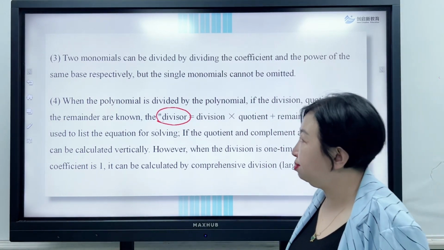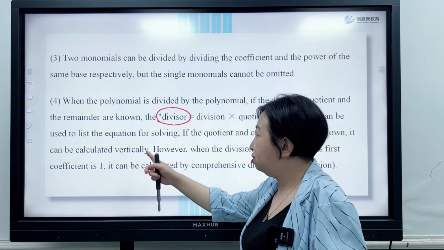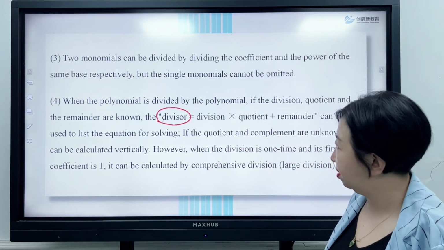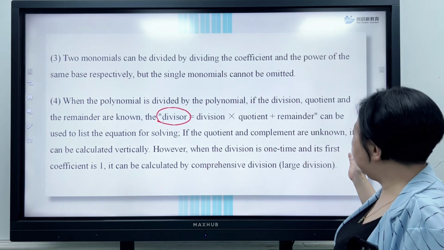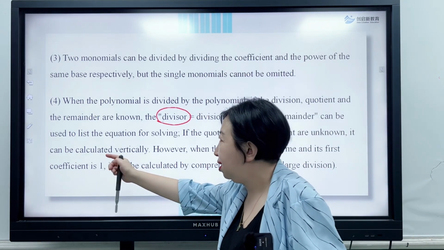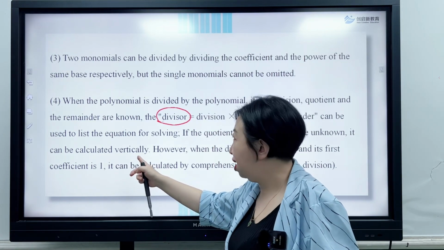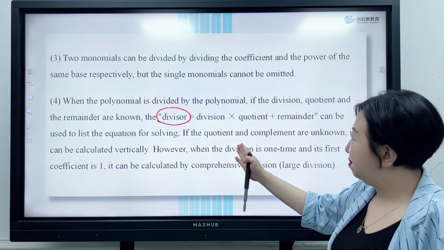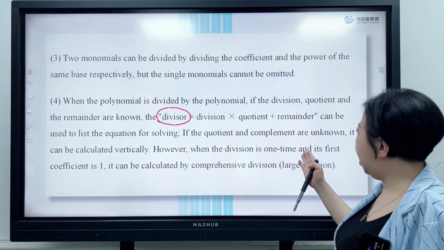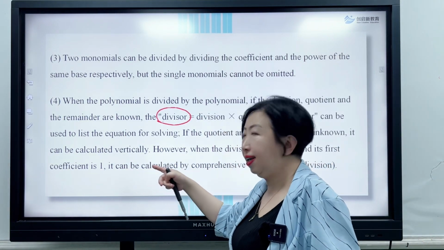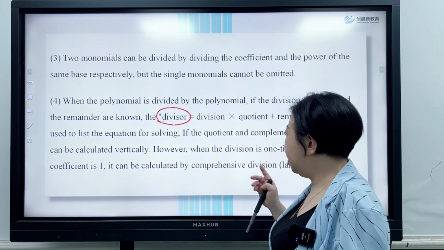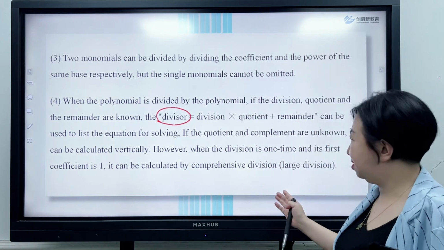This can be used to solve the equation. If the quotient and the exact division are known, it can be calculated in reverse. However, when the divisor is of degree 1 and its leading coefficient is 1, it can be calculated by synthetic division.